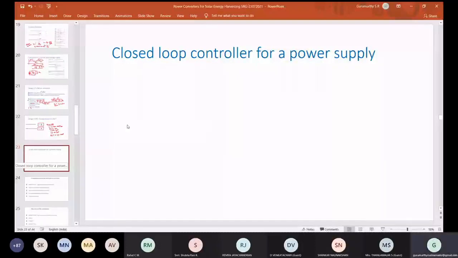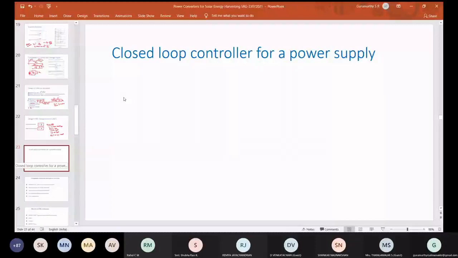If you have to maintain the output constant, you have to have a feedback system, a closed loop feedback system. Then only it is going to work. Once you have a closed loop feedback system, it will take the feedback and compare it with the set value. So how does it look?